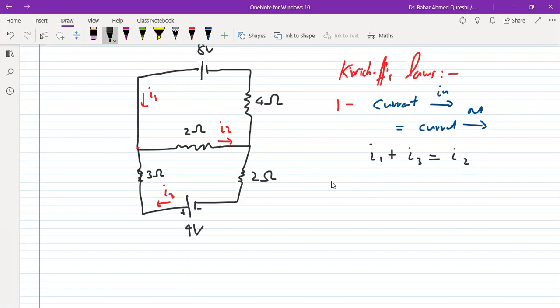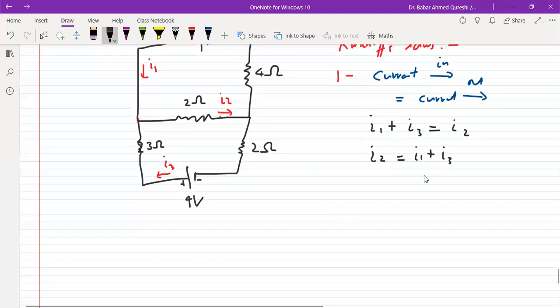And on this node, I2 is going in, I have given it this direction, so I1 is going out and I3 is also going out. So actually, this doesn't give me an extra equation. It just gives me the same equation back. So let's cross this out.